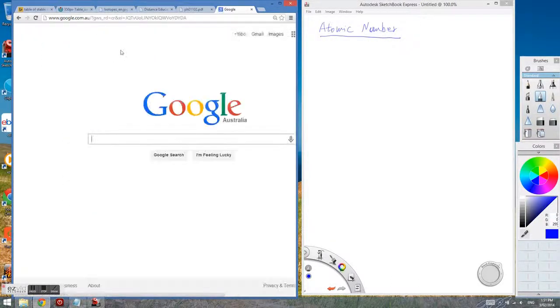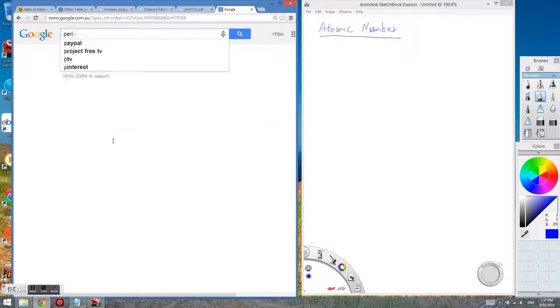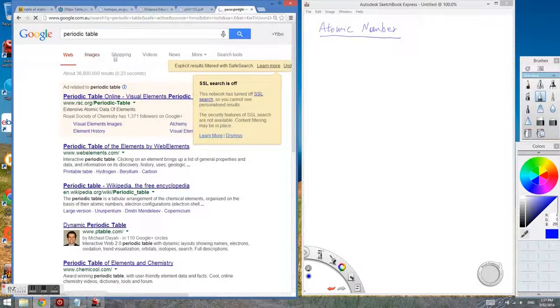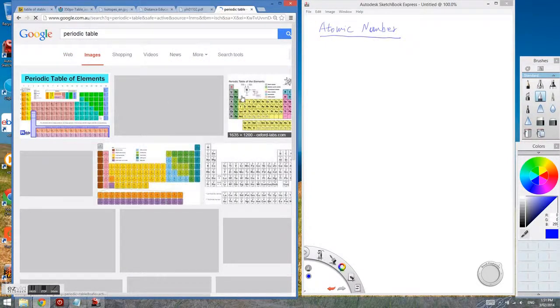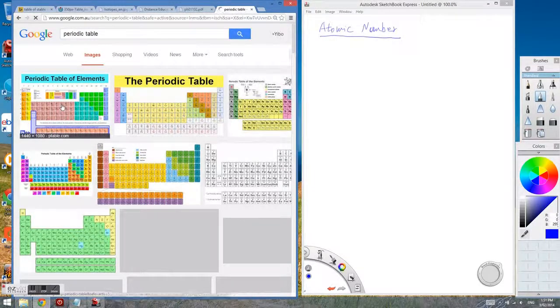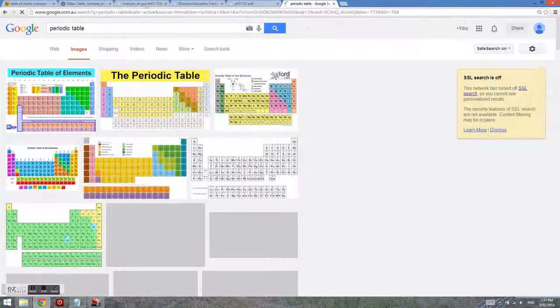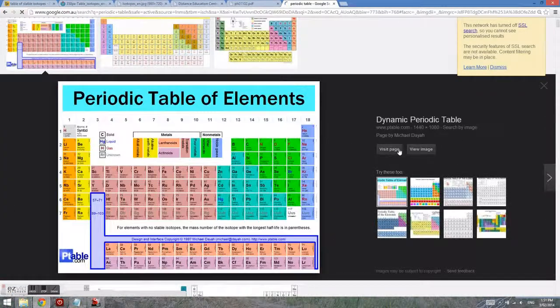Let me show you a periodic table first. Let's use this one. Okay, the internet is a little bit slow. Just bear with me.